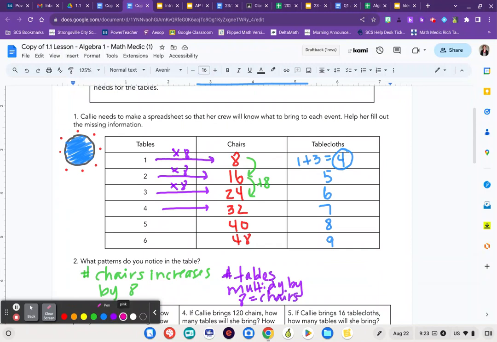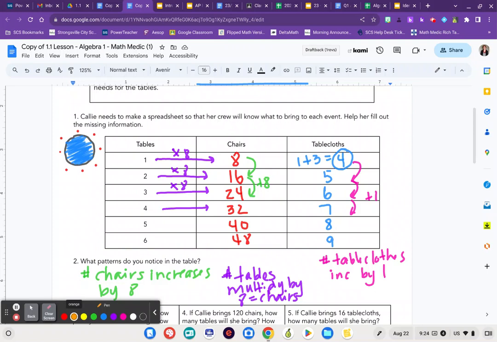What else do I notice? Well, I notice that my tablecloths are always going up by 1. So number of tablecloths increases. I'm going to say INC for increases by 1 each time. And let's see, anything else?